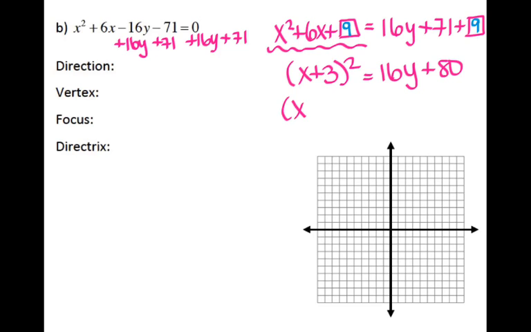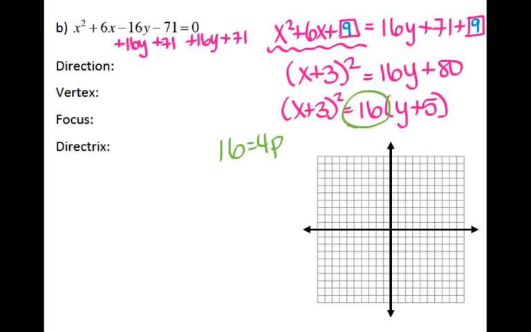And then I have x plus 3 quantity squared equals, I can factor out the 16, so that's 16 times y plus 5. And now your equation is in standard form. So once it's in standard form, I can figure out what p is. So I have 16 equals 4p, so p equals 4.